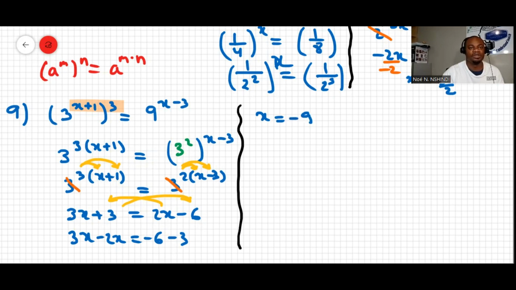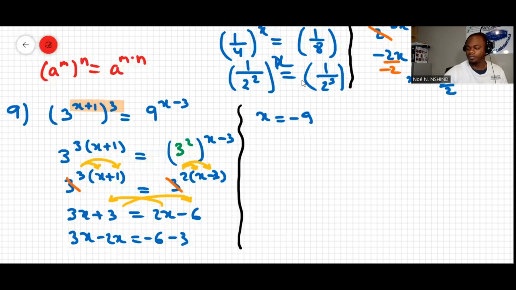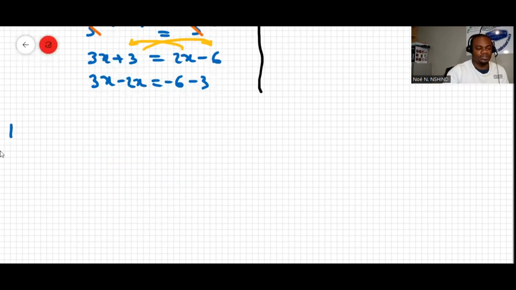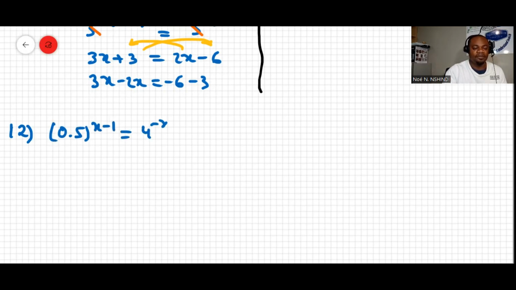Then I will leave question 10 and 11 out, so we can do question 12. Question 12 is 0.5 to the power of x minus 1 equal to 4 to the negative x.